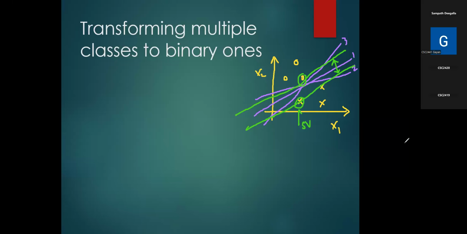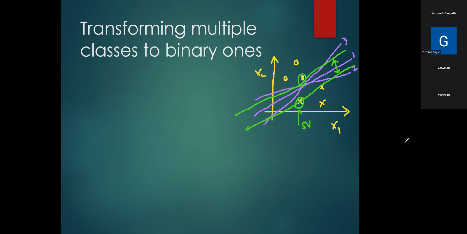Okay, we were discussing transforming multiple classes to a binary one. In the original implementation, the support vector machine supported only two-class problems, and I think you can understand why they developed it for two-class problems, because they were looking at separating data with the highest margin.